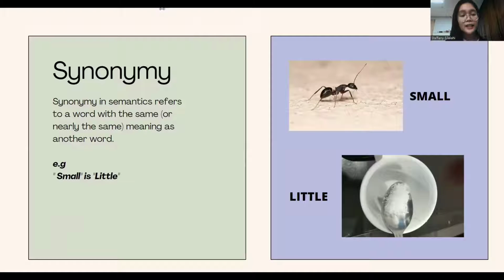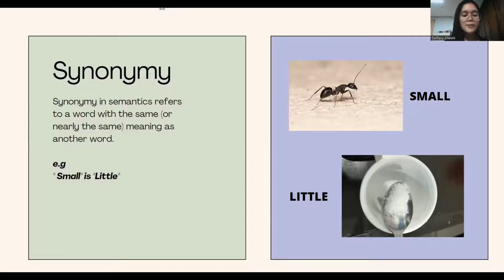So lexical relation describes the relationship among word meanings. There are several of these. The first is synonymy. Synonymy in semantics refers to a word with the same or nearly the same meaning as another word. We find synonyms in our life, such as small and little.